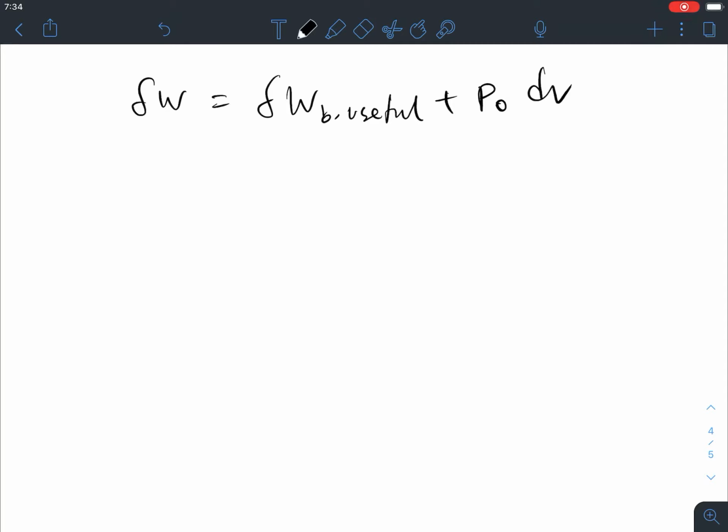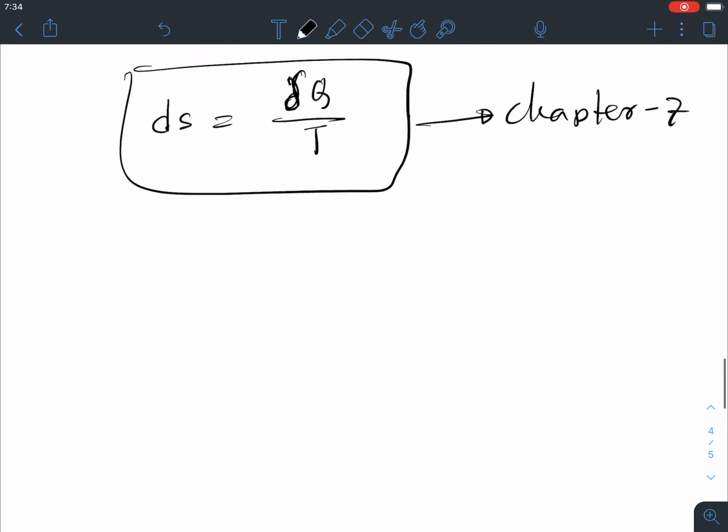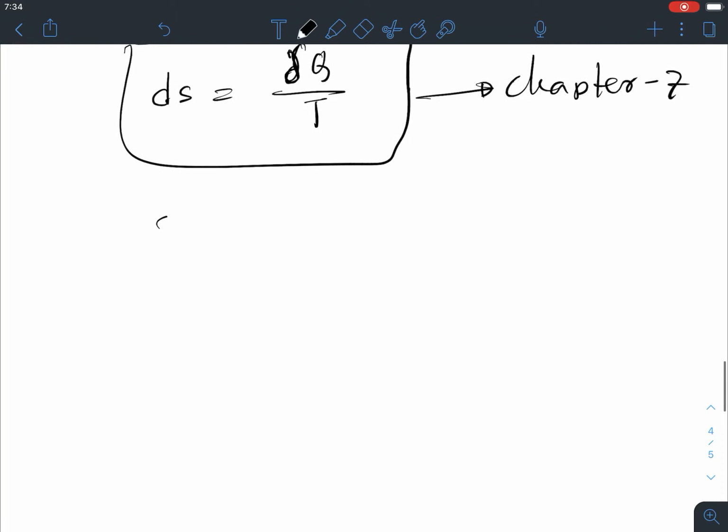Now from the entropy chapter, just one thing I would like to mention here. From the entropy chapter, we know that dS equals delta Q over T. From chapter 7, we derived this relationship.